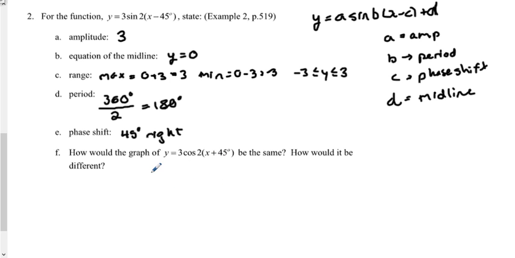Because our original graph of y equals sine x and y equals cosine x are out of phase by 90 degrees. If we have the period of both of those, they'll be out of phase by 45 degrees. So if we had just y equals cos x and y equals sine x, we'd have a 90 degree phase shift. In this case, if we didn't have the 45 here and the 45 here, we'd be out by 45.